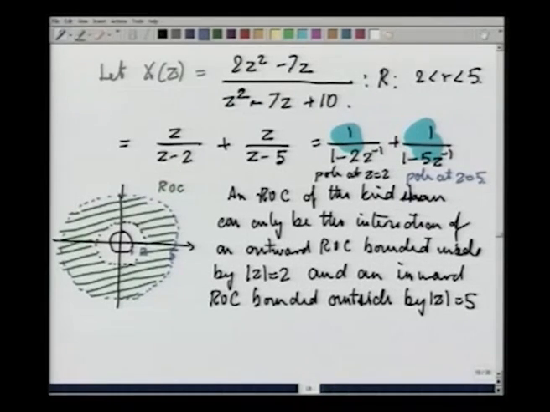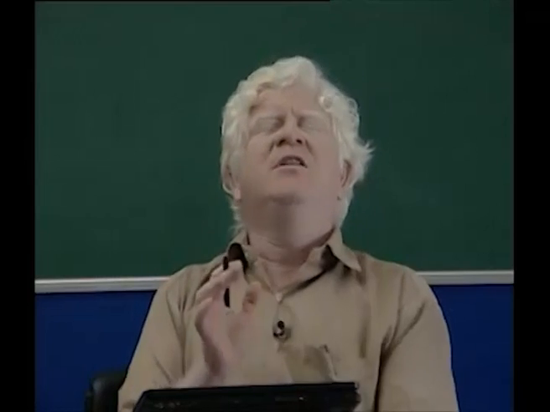This means simply that it is the first term that should have an ROC which is outward and it is the second term that should have an ROC which is inward. So, now we are in a position to completely separate the two terms and assign them their respective ROCs.